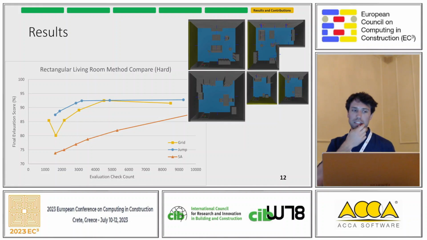What you can see is that, first of all, the obvious one: when you give it more budget, they all perform better, up to a certain point, and then they plateau. That could be because the rules themselves have some conflicts, or you just can't get 100% compliance. The other thing to note is that the grid method is really dependent on the grid parameters, the spacing of the lines that you decide. So it has a bit of a zigzag effect, and it's a lot more unpredictable depending on the parameters you use.